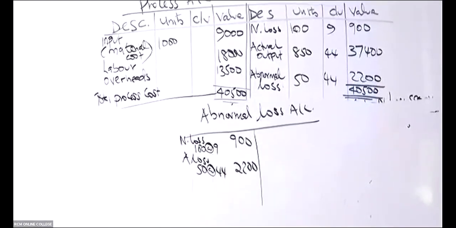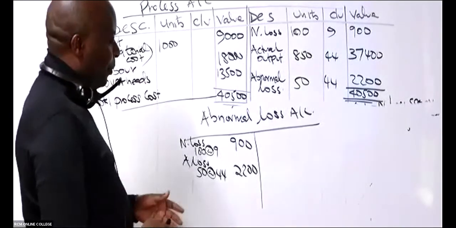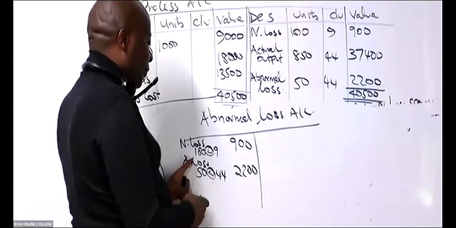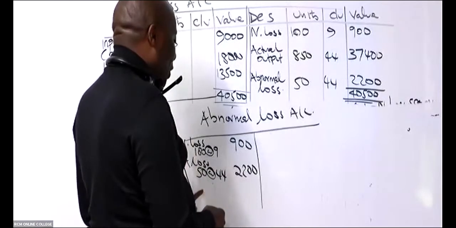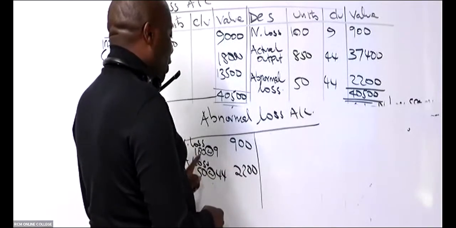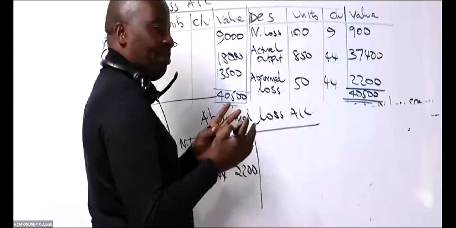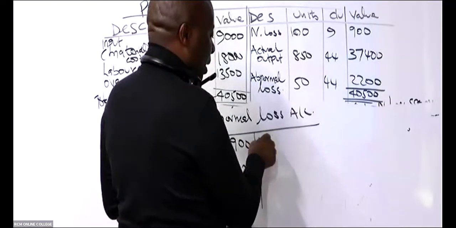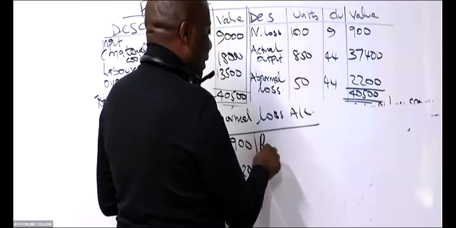Now, ladies and gentlemen, please listen. How many units do we have representing the loss? Total loss will be 150. These total loss units, we shall scrap them. We sell them and we receive money through the bank. So we debit the bank account and credit this account by saying bank.